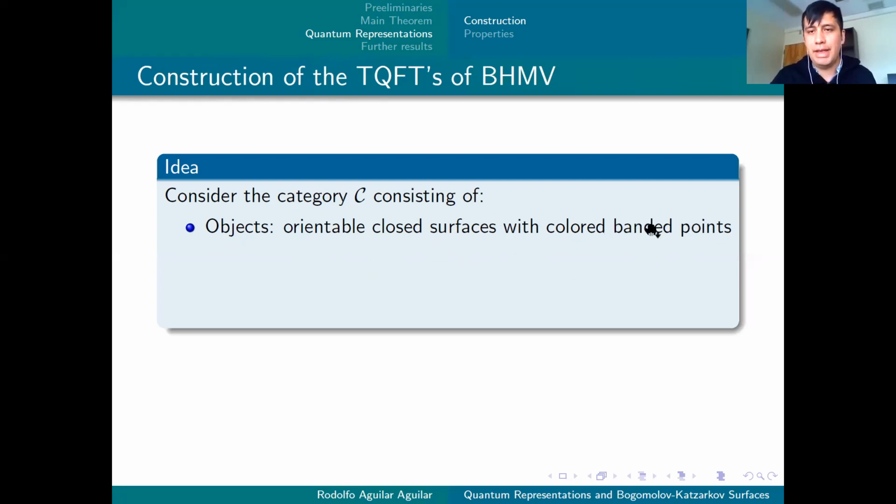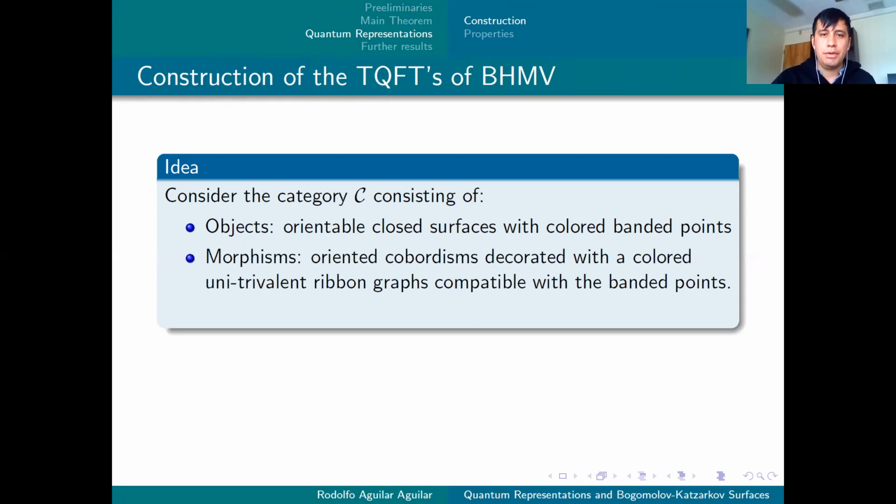Banded points will mean a point with a tangent vector, and colored will mean that we will put some information in these points. Here we will put just some numbers, but it can be other things depending on which TQFT we are considering. What are the morphisms in this category? They are oriented cobordisms. A cobordism is a 3-manifold, and the boundary has the surfaces in the objects. We take it to be oriented, and these are the morphisms.